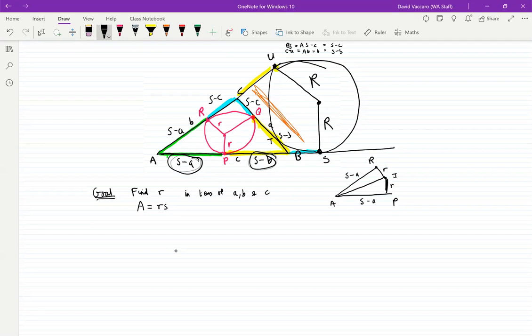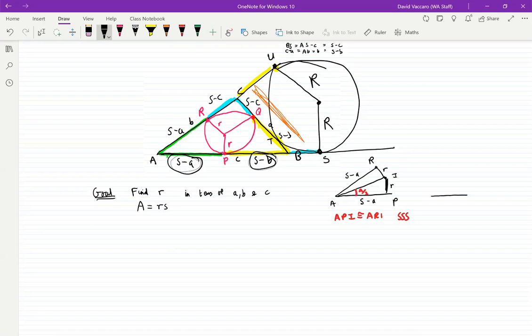So what I've got here is two congruent triangles. So this angle in here is A over 2, because the triangle API and the triangle ARI have the same three lengths, so they've got the same angle, so the angle splits in half.